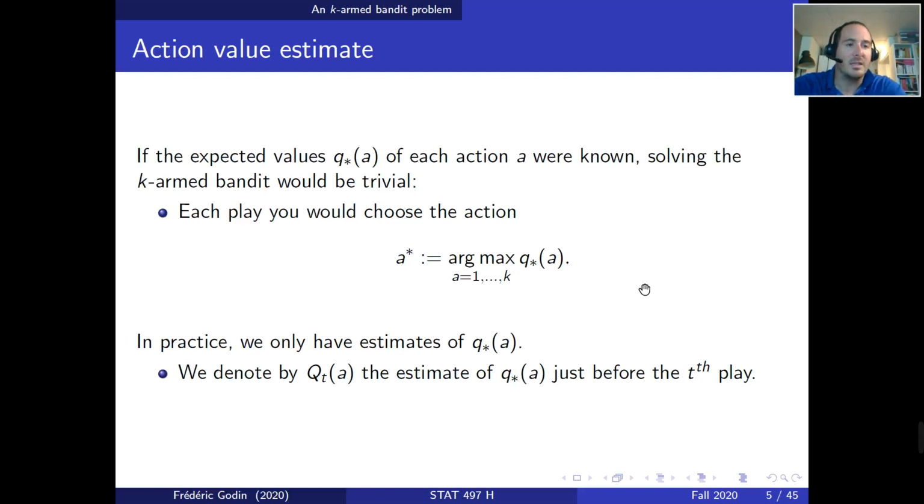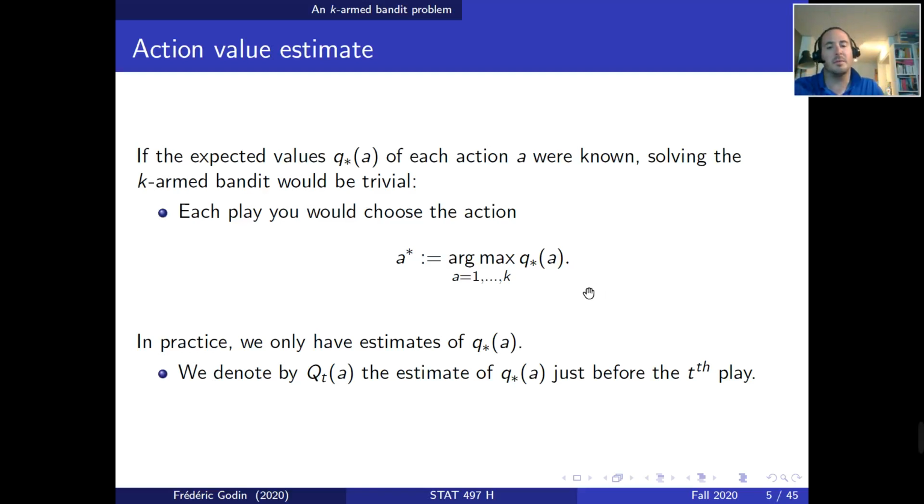As time goes by, as many plays are performed, you receive rewards from various levers, and you can use these past rewards to build up estimates of the mean associated with all levers, and then you can use these estimates to try to optimize your strategy and get the highest possible expected reward.